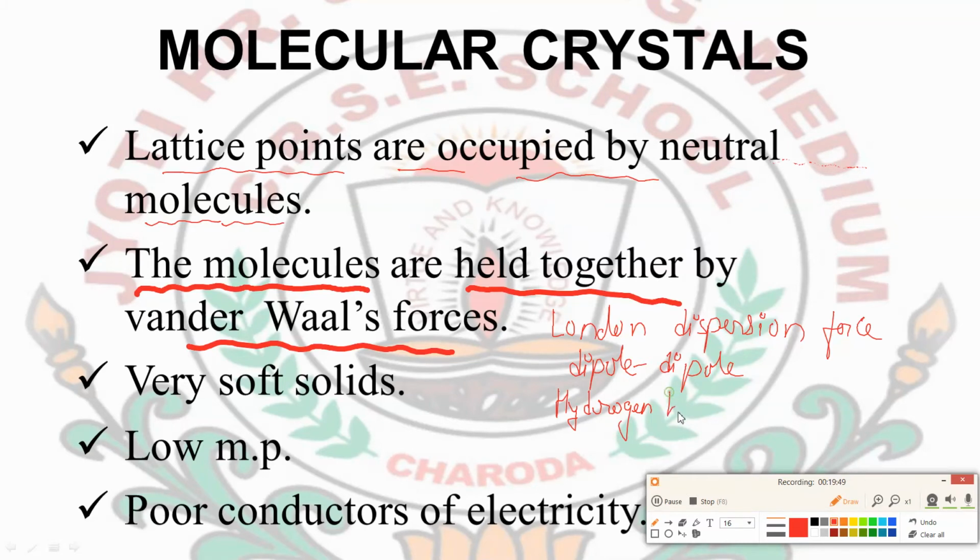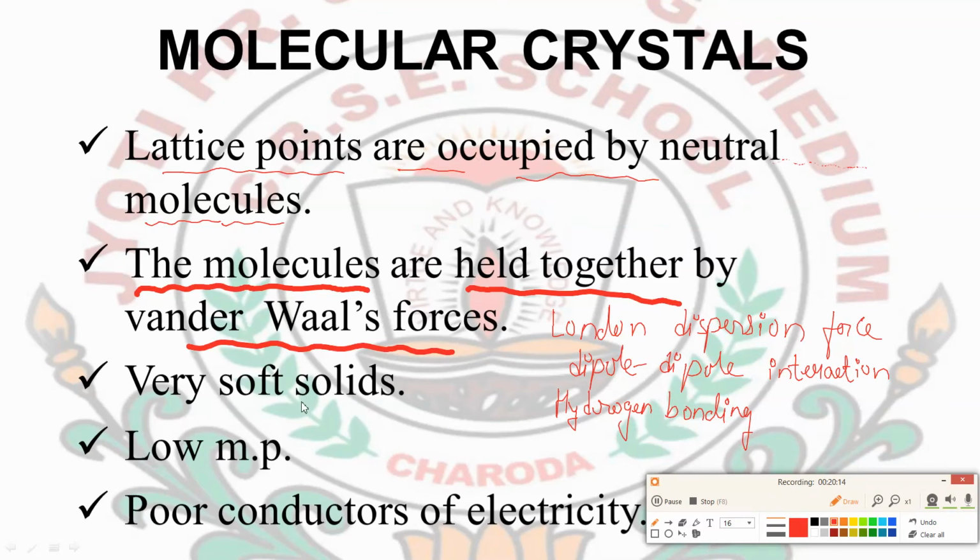In the case of ionic crystals, ion-ion interaction can be considered. But in the case of molecular crystals, London dispersion force, dipole-dipole interaction, and the last, hydrogen bonding, can be present.